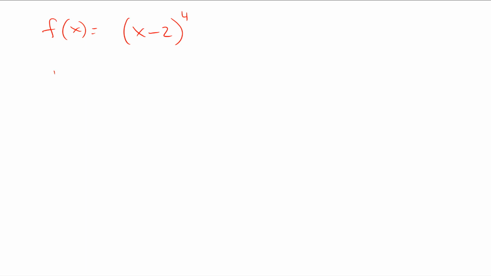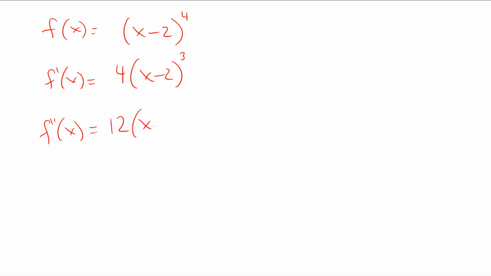If we were to take the derivative of it, it would be the power rule, so 4 goes in front, and then we have a 3 there. And if you take the derivative of x minus 2, it'd still just be 1, so I don't even need to mention it here. But I want to see that second derivative again. That second derivative would now be 12 times (x minus 2) to the second.